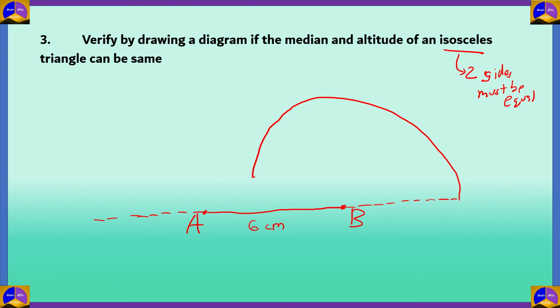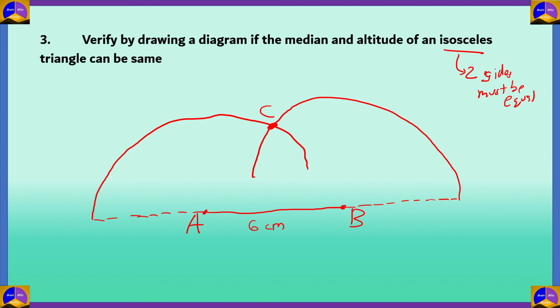At point A, we put the compass and widen it to 8 centimeters, and then we draw an arc. This is called an arc. Now the point at which they meet would be the third vertex, C.